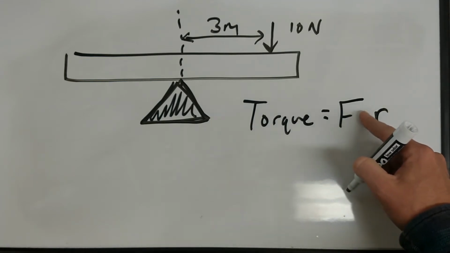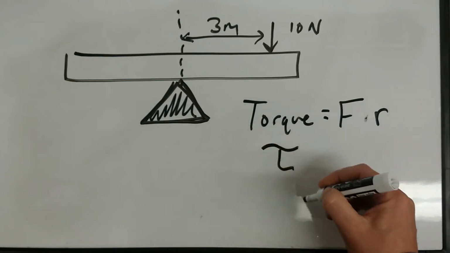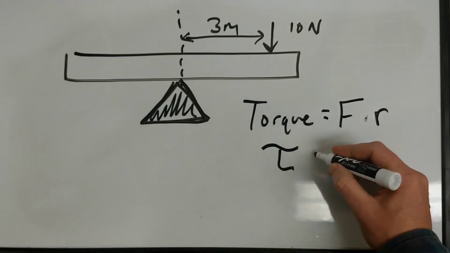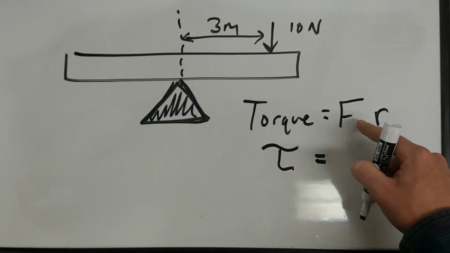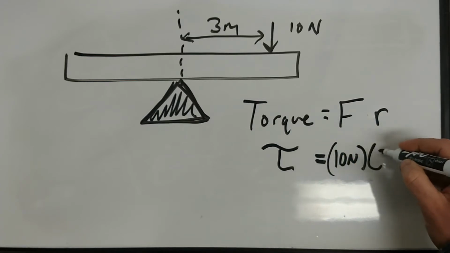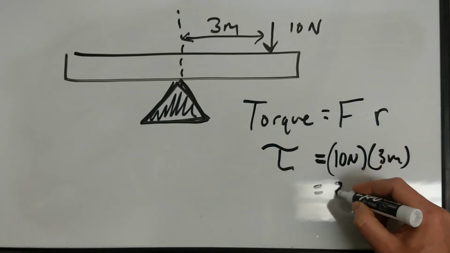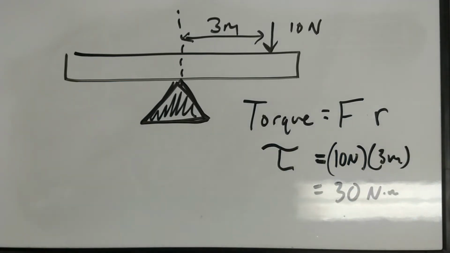The magnitude of the torque. The symbol we use is a tau, kind of like half of a pi. Force is 10 newtons times 3 meters. It is 30 newton meters. We do not call it a joule. In fact, we leave it newton meters. And we say it like that.